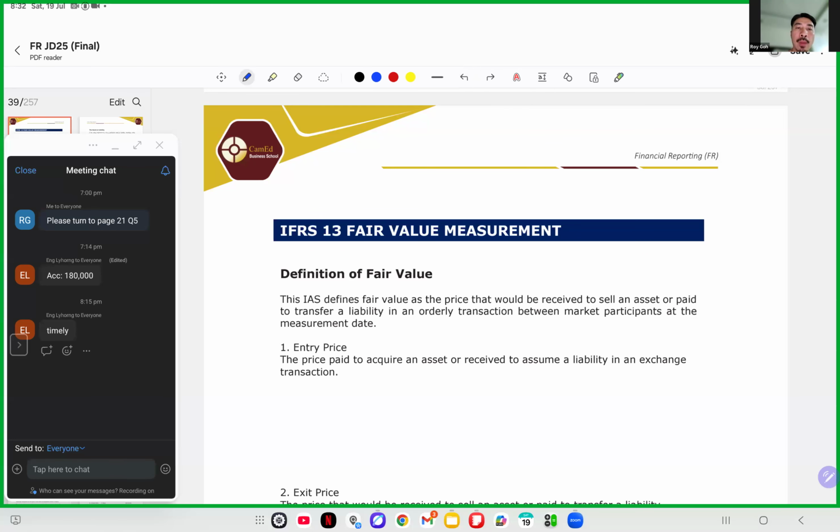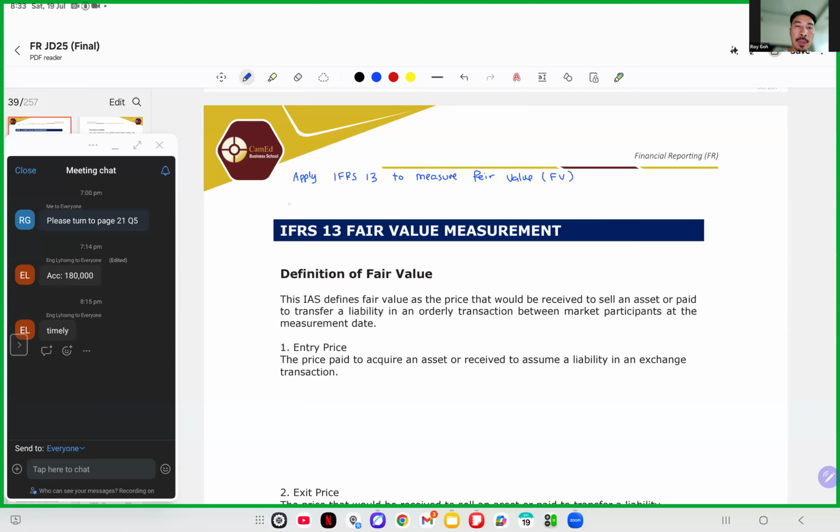Okay, so the company shall apply IFRS 13 in order to measure fair value. You call it FV, fair value.